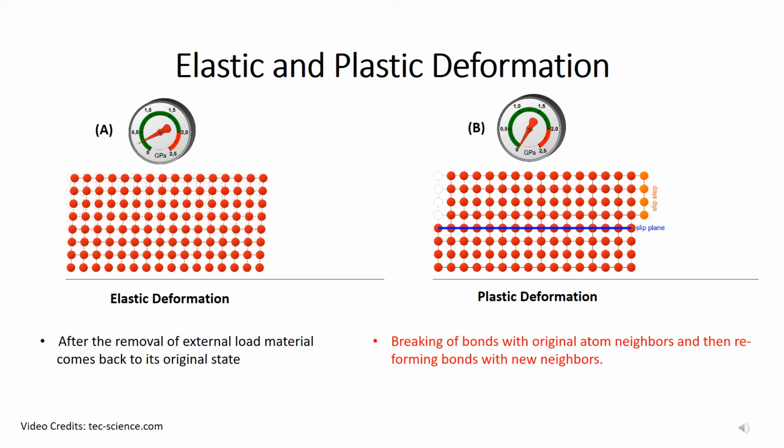This is due to the movement of the atoms, and what has happened is that the bonds of these atoms have been broken with the atoms lying below the slip plane, and new bonds have been formed between the neighboring atoms. So after the removal of the force, atoms have not come back to their original position. This phenomenon is known as plastic deformation. If the atoms within the material come back to their original position, then this is known as elastic deformation.